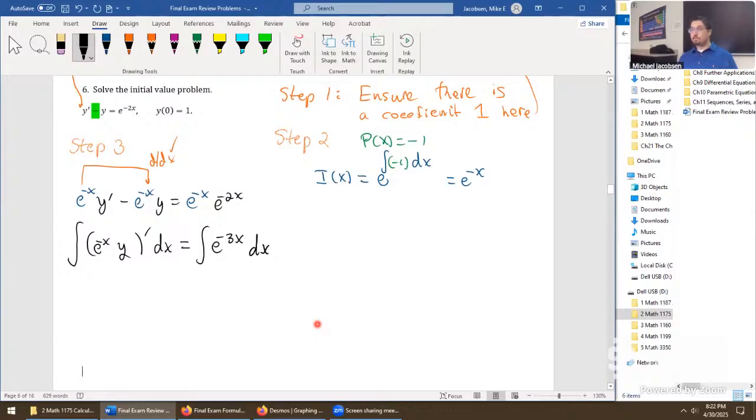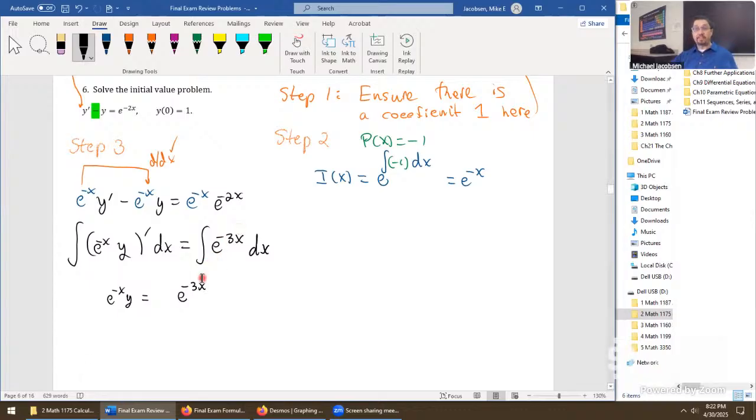Okay, there is always, following this process, an immediate integration. The left-hand side, antiderivative of the derivative is just e^-x times y. Here we integrate as usual. This is a degree 1 function inside the exponential. So best way to integrate is write in e power -3x.